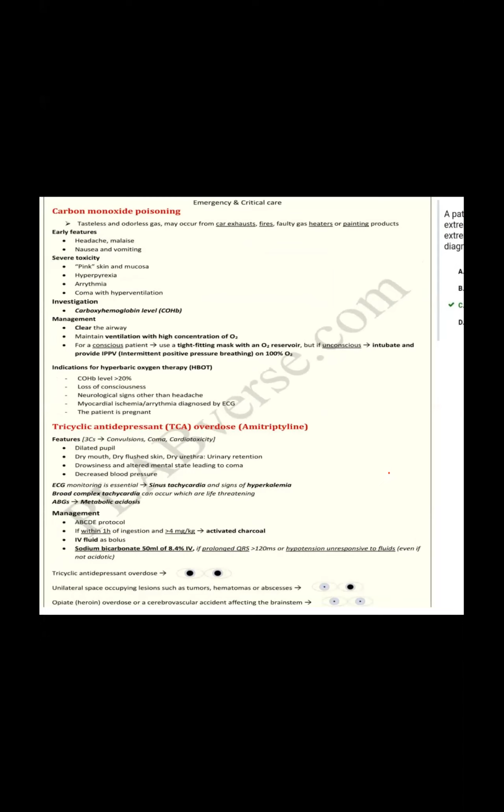So, the carbon monoxide poisoning question that we have to remember: a tasteless, odorless gas that may occur from car exhaust. How do they give it?